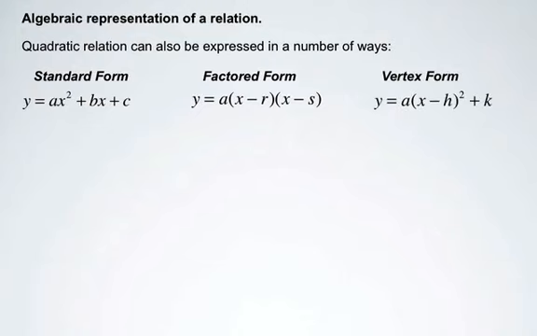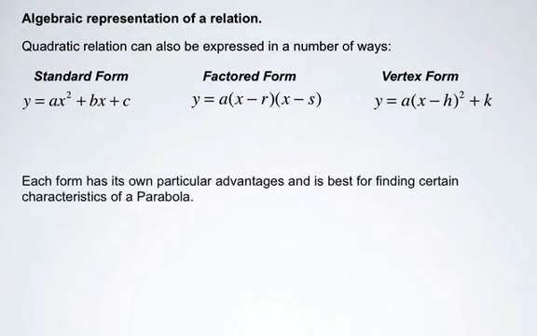We also have vertex form, y equals a times, in brackets, x minus h squared plus k. Each form has its own particular advantages and is best for finding certain characteristics of a parabola.